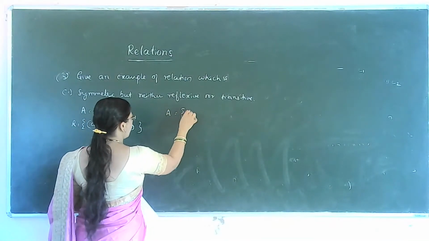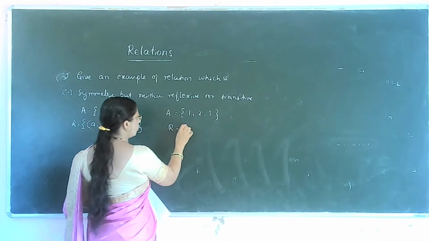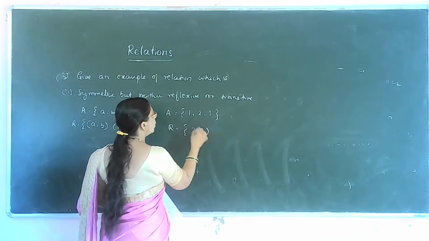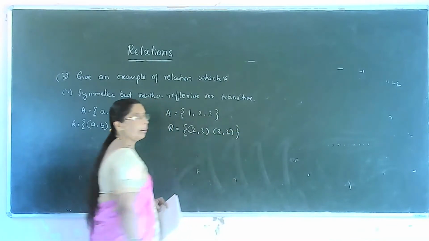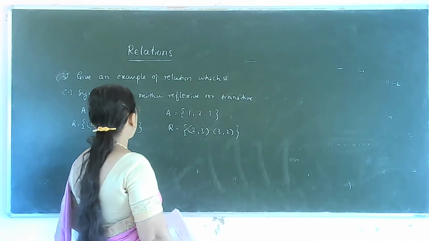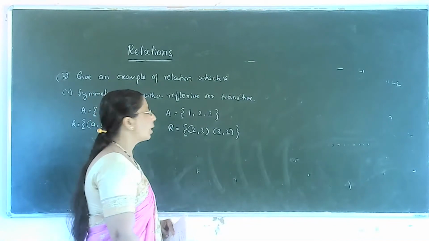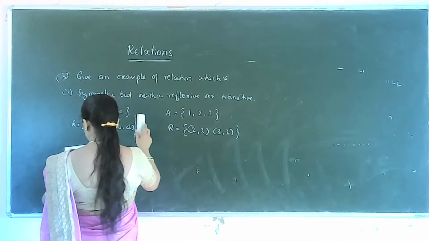Or you can give A = {1, 2, 3}, then R = {(2, 3), (3, 2)}. It's also a symmetric relation, but neither reflexive nor transitive.